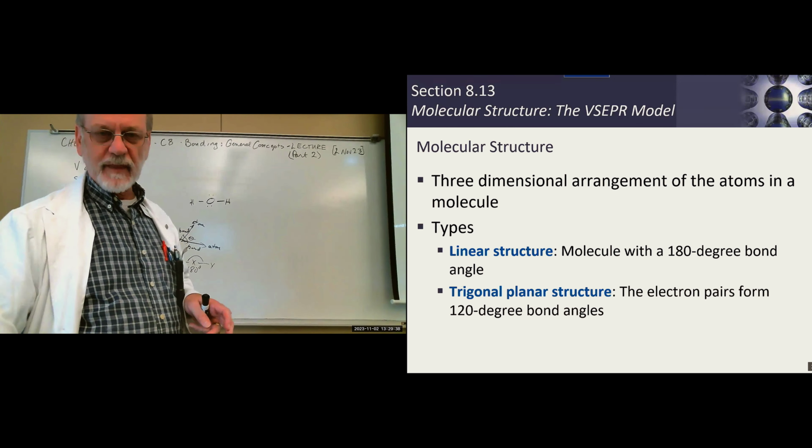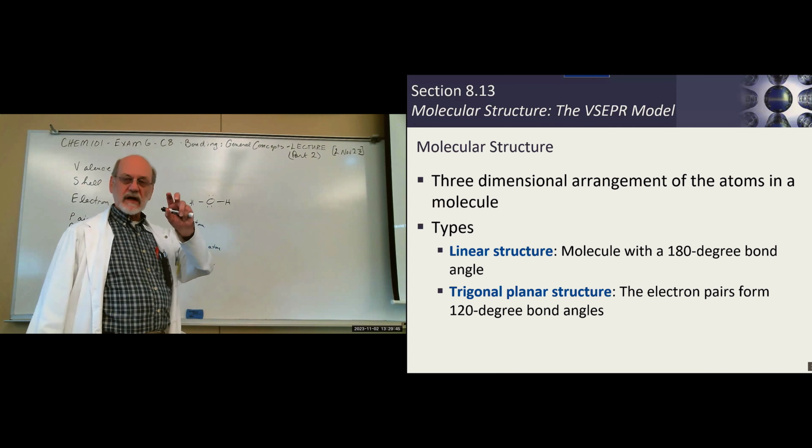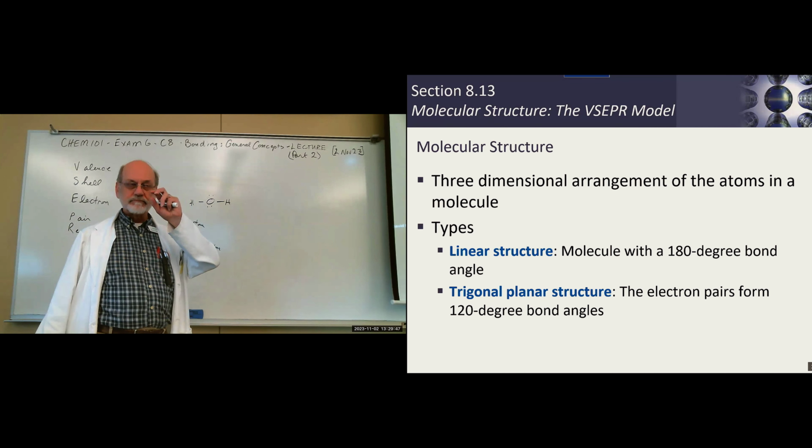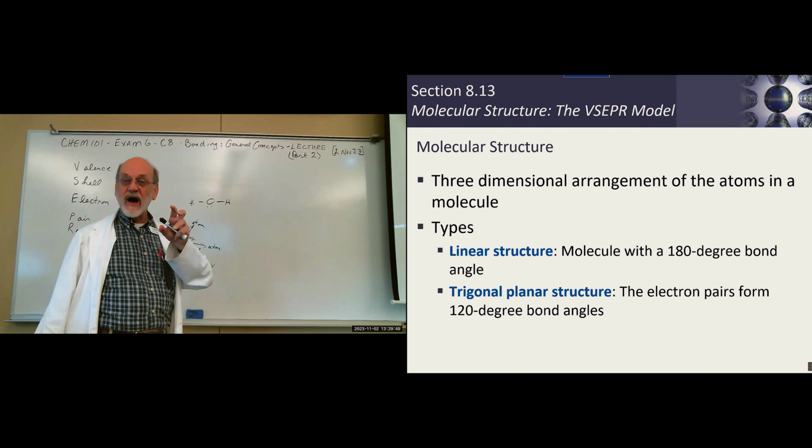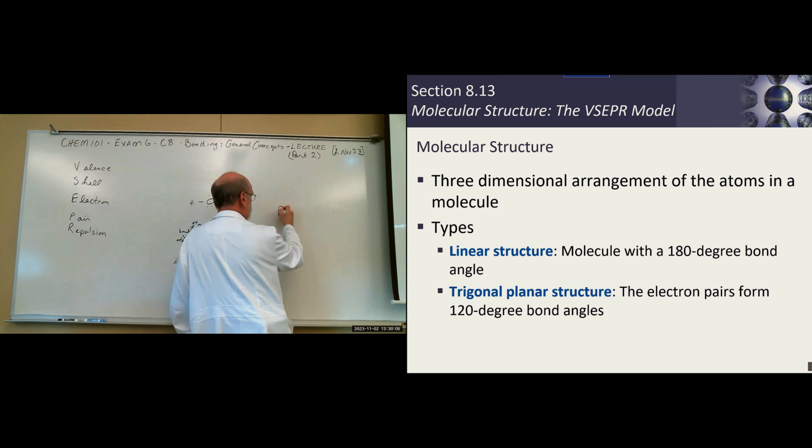Trigonal planar is a situation where you have three bonds to a central atom. Actually, you have three electron pairs to the central atom. Right, so you can have something like this one.